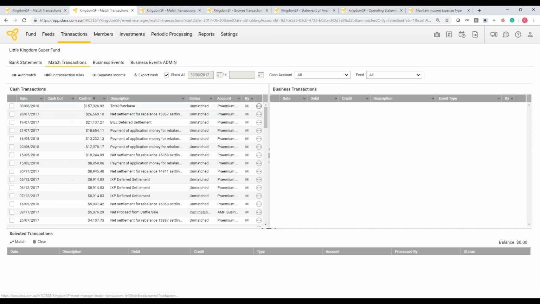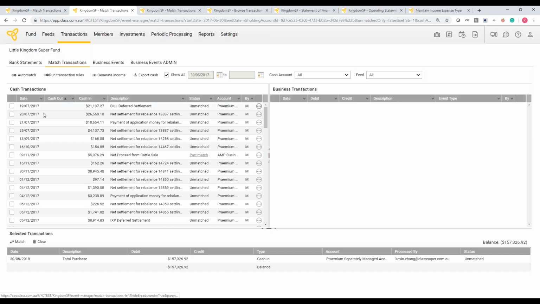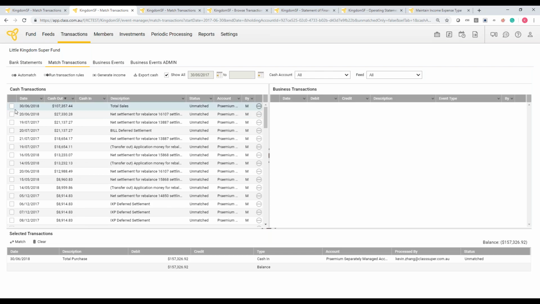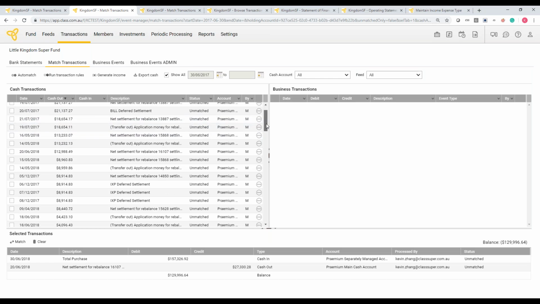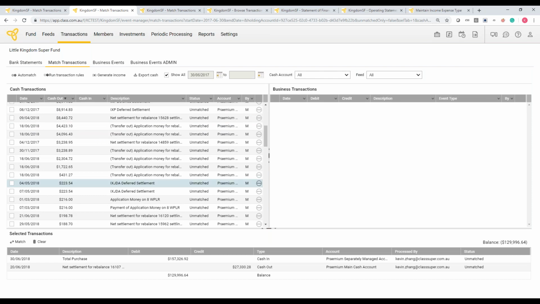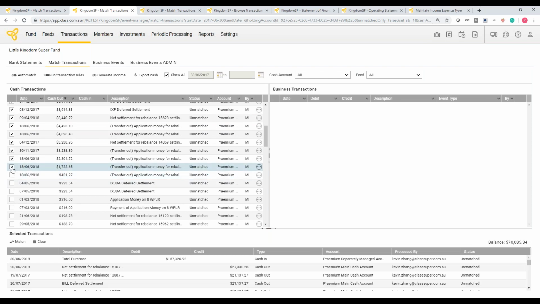Okay, total purchase. Total purchase normally will equal your purchases to the portfolio, so it will be cash out of your cash account. So you match with the cash out values, except this one. Now again, Control Shift, scroll down, and all of them to information settlements, deferred settlements, they are to do with purchase application.